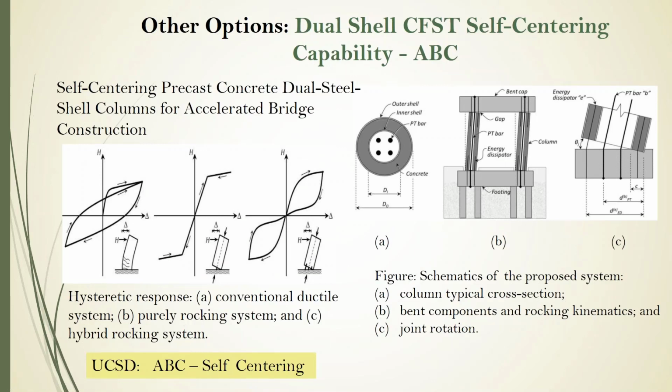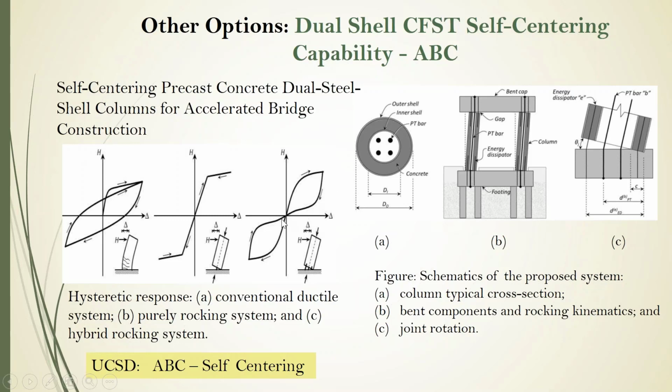Other option, we have one model 5 is talking about the CFST, concrete filled steel tubes, but there is an option with that one. We can bring it to the ABC. In that one is using dual shell columns and having in the center a PT bar, unbonded PT bar.